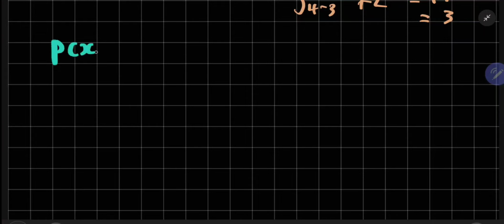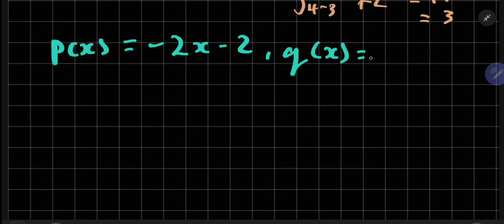Let's say p of x is minus 2x minus 2, and q of x is minus x minus 3.